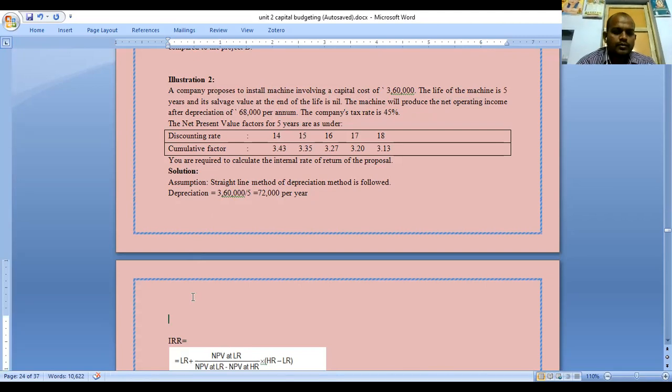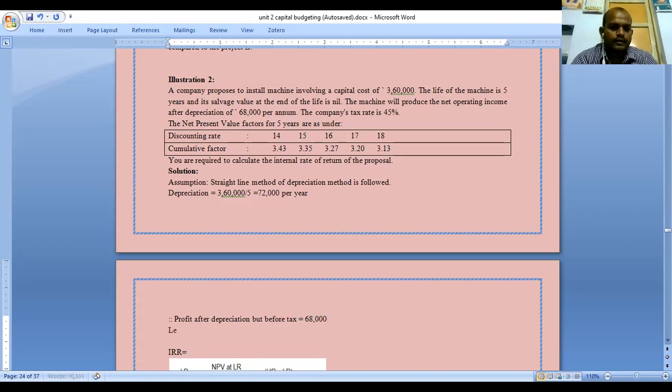So profit after depreciation but before tax, that is 68,000, less tax at the rate of 45 percent, that is 30,600.